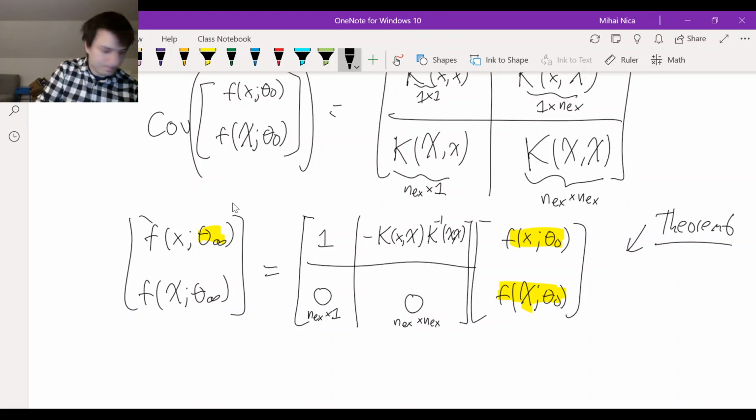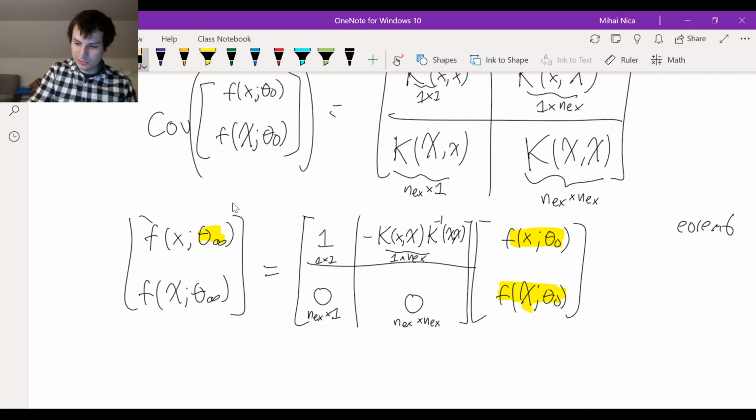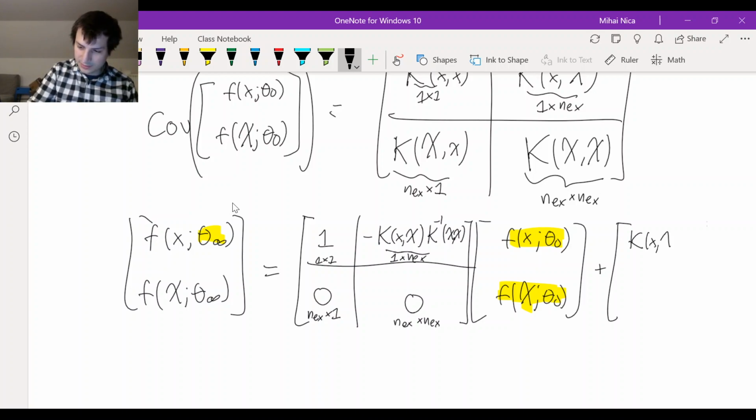Nx by 1. This thing is a 1 by 1 number, and this thing is a 1 by nx matrix altogether. So it's this plus this shift plus k of x, x, k inverse of x, x times y, 0. This is an nx by 1 vector, and this is a 1 by 1 number.